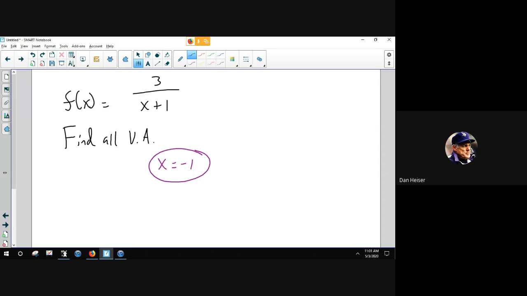So if you were to graph this function at -1, we would have our vertical asymptote, and this function would probably look like something like this, I would think. And that's all there is to it. To find a vertical asymptote, you find the values that make the function undefined.